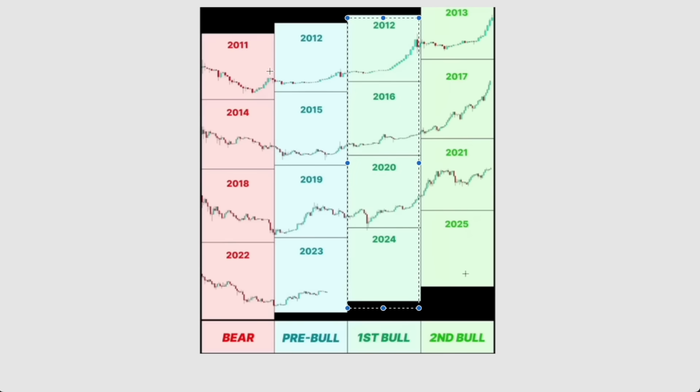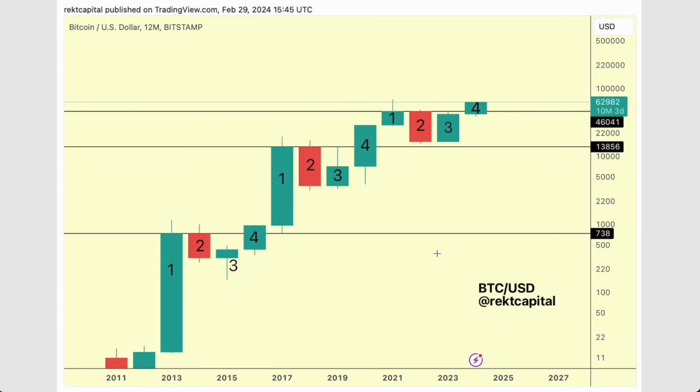And of course, 2011 had a very limited amount of price history, and so you can't quite equate 2011 to these bear cycles. But having said that, 2016, 2020, and 2024 are your candle 4 halving years, and you can see that these candle 4s tend to break beyond the 4-year cycle resistance that has been resisting price for 3 years at a time.